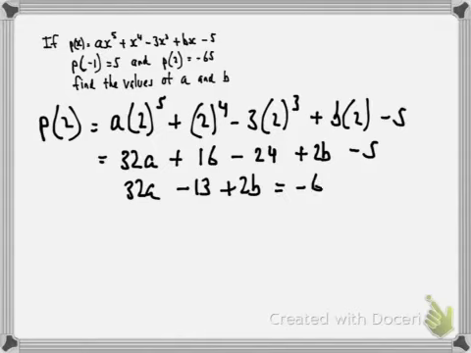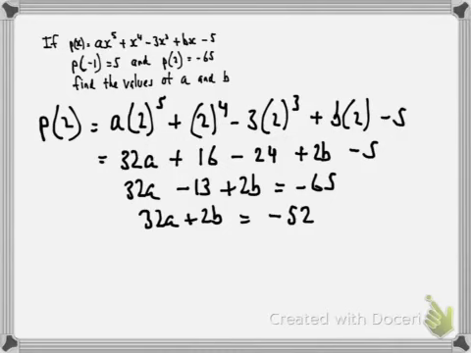So tidying that up, we get 32a plus 2b equals negative 65 plus 13. Negative 13 becomes a positive if we take it to the right hand side, and we get negative 52. There we go. So we've got our two equations.